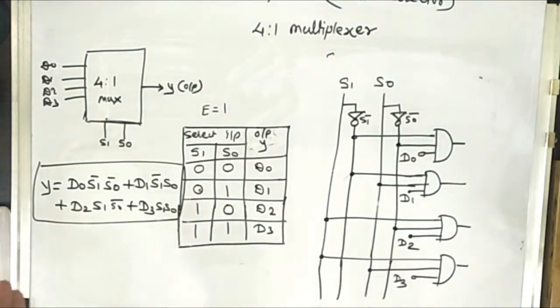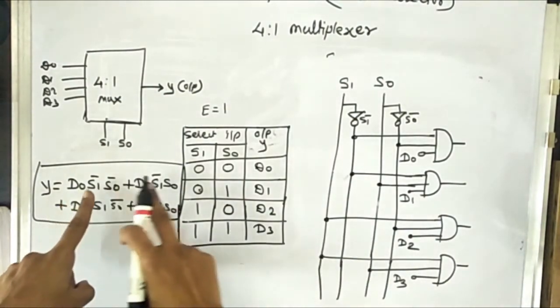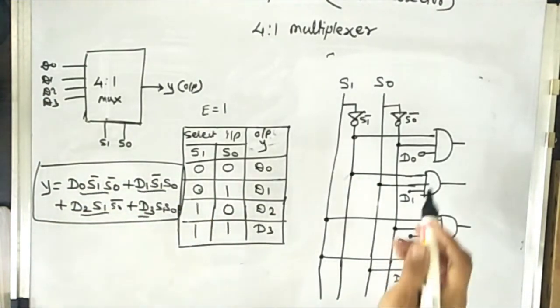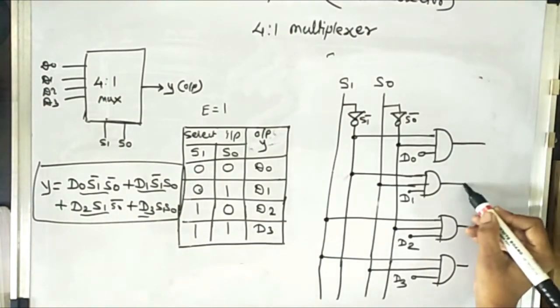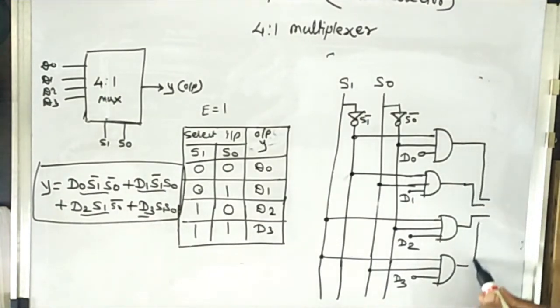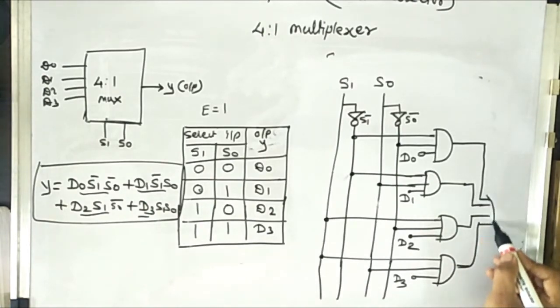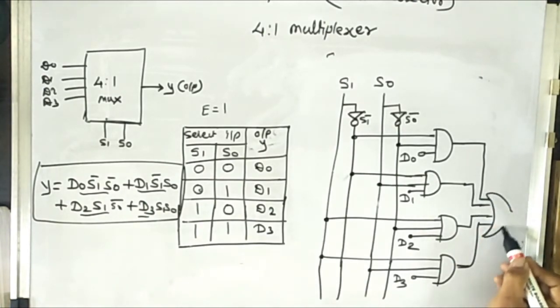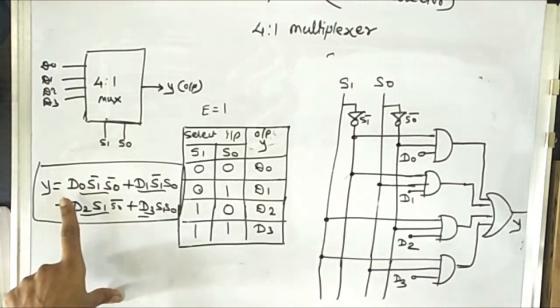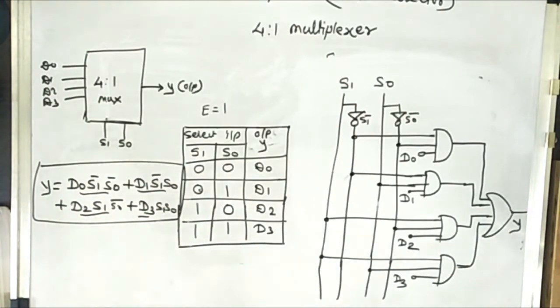So what we have to do? Now all these AND terms are ORed together, that means they are added together to get the single output. So here we combine all these outputs, and here at the output Y we get the 4:1 multiplexer.